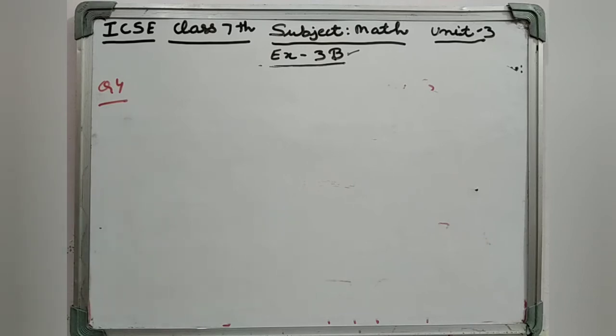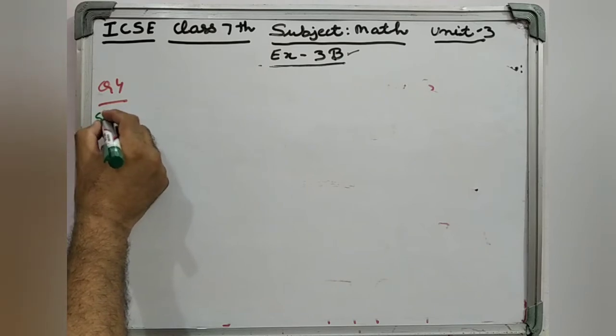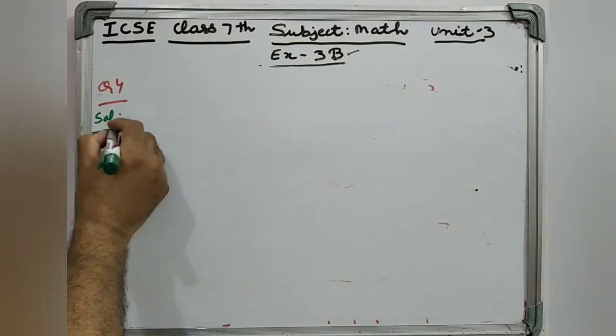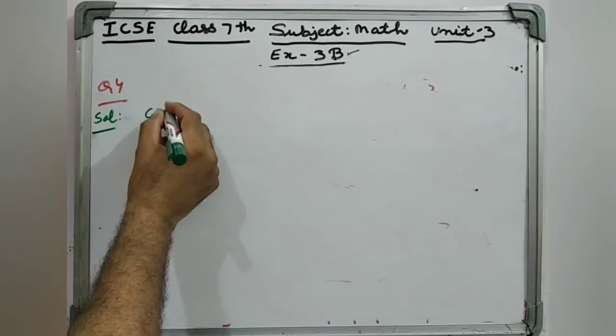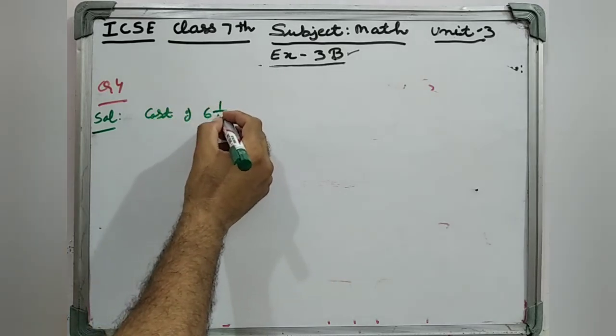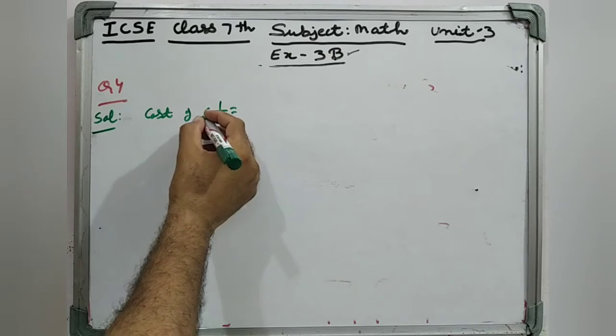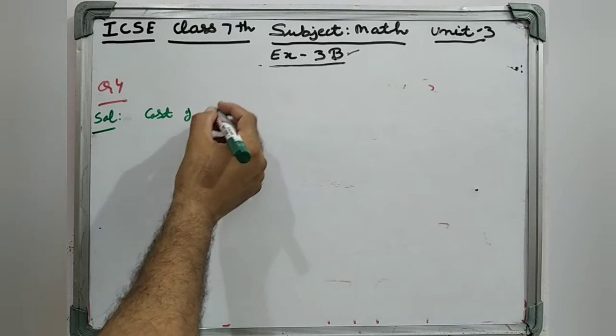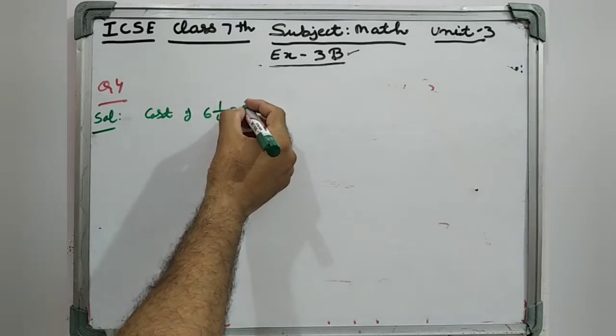Okay, right? Now the solution is: cost of 6 1 by 4 is equal to 4 sixes are 24 plus 1, 25.